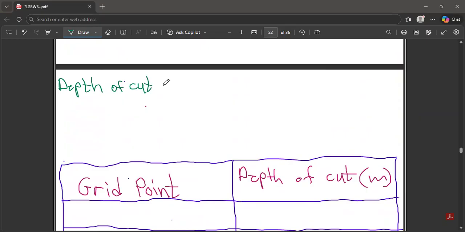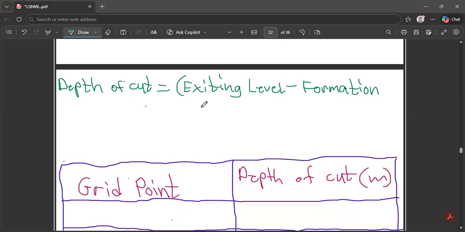depth of cut is equal to the existing level minus the formation level.